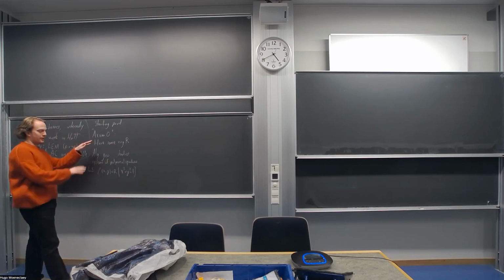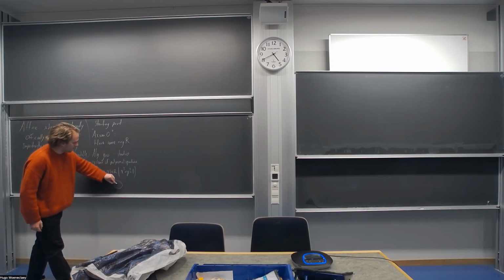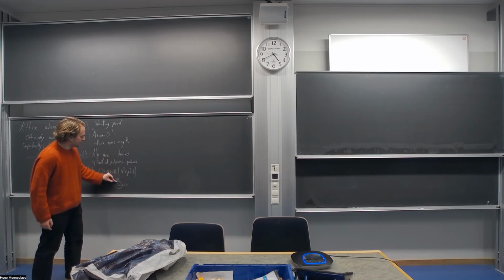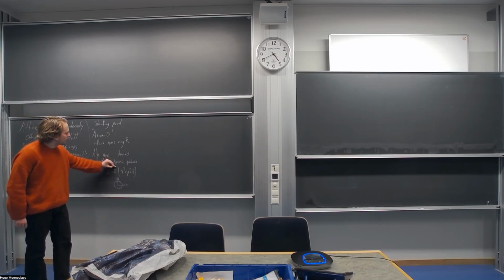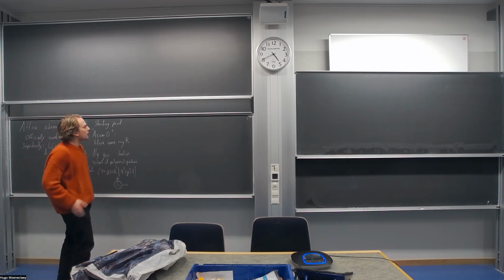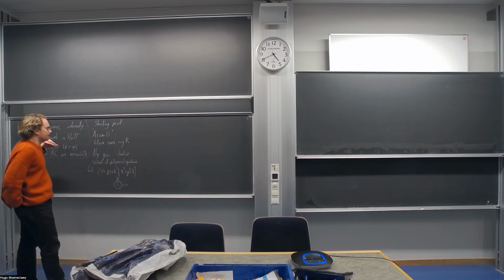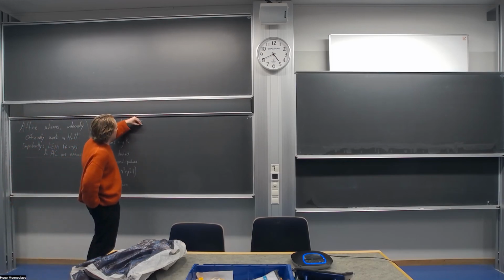This is some kind of geometric object. You can try to draw a picture like this. We have some kind of plane, and then this cuts out some subset. What do I mean by a system of polynomial equations?